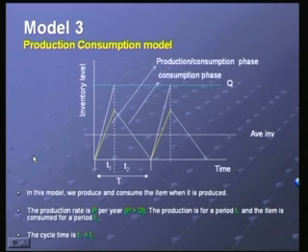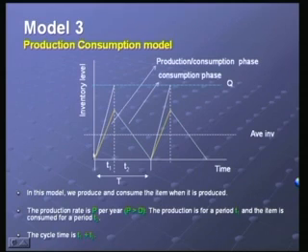Now, we assume that the system is capable of producing at the rate of P per year, capital P per year. Production rate is P per year, which is higher than the annual demand D. Now, because P is greater than D, we do not produce all the time, we produce only for a certain period.